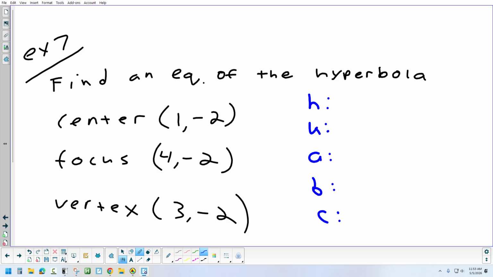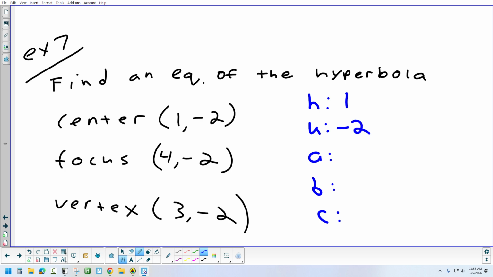Anybody tell me one of the letters that we know? H is from the center. H is 1. How about another letter? Yeah. K is negative 2.